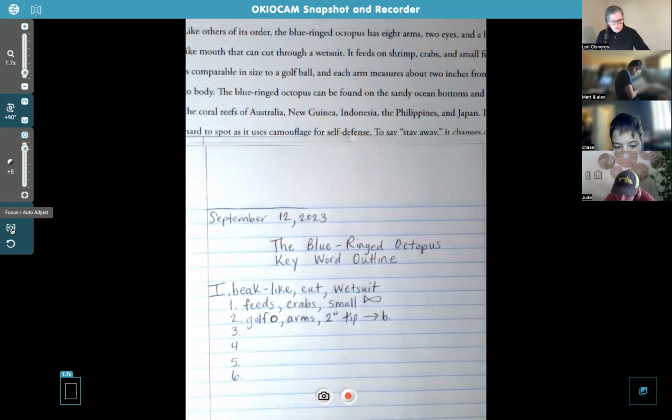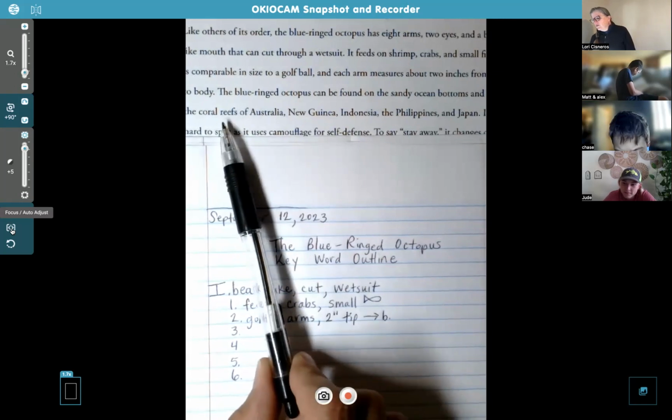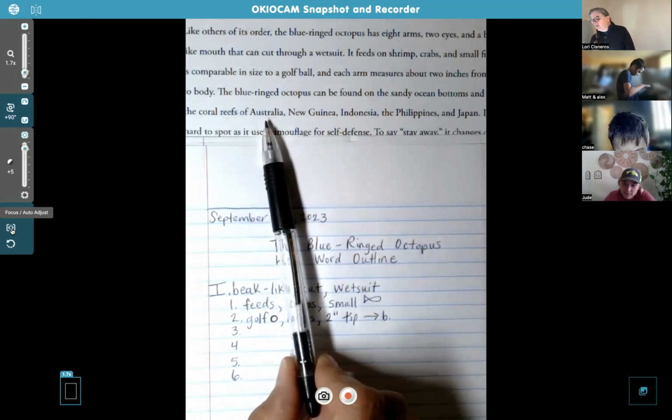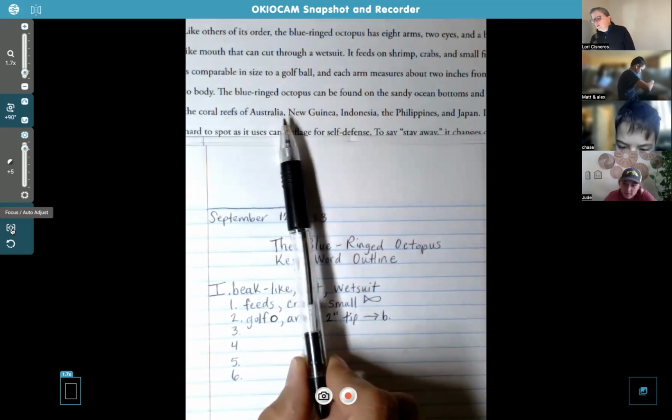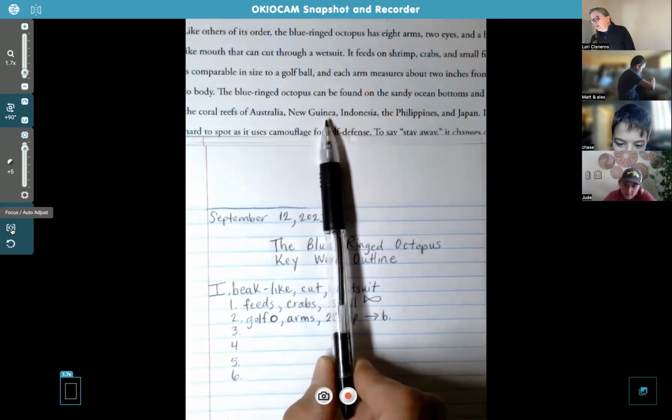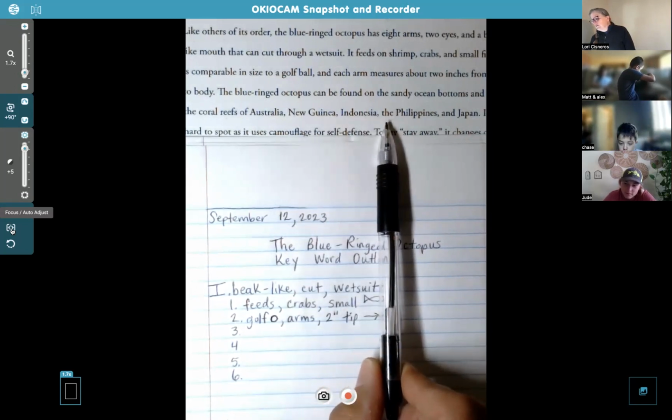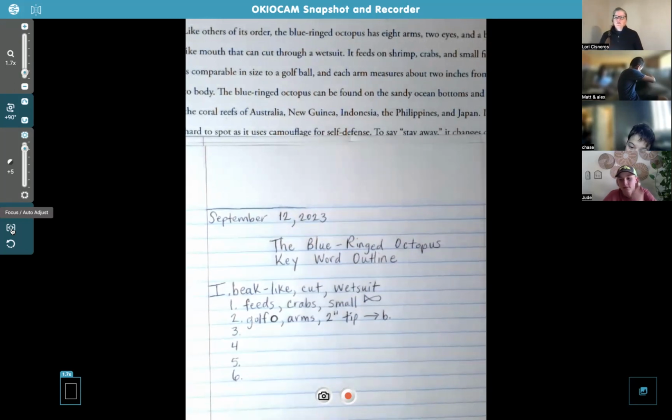Well, blue ringed octopus found on sandy ocean bottoms and coral reefs of Australia, New Guinea, Indonesia, the Philippines, and Japan. Yeah, so a lot of countries listed there. It's going to be tricky.